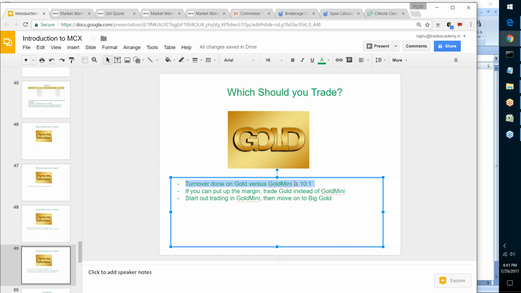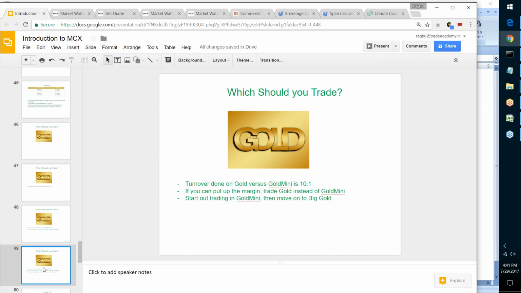When you're looking to do some sort of arbitrage, gold mini actually follows gold. So when gold goes up, gold mini goes up. If you can put up the margin, trade gold versus gold mini. But if you're starting out, trade gold mini so that you can trade smaller amounts and put up less margin. Does that make sense?